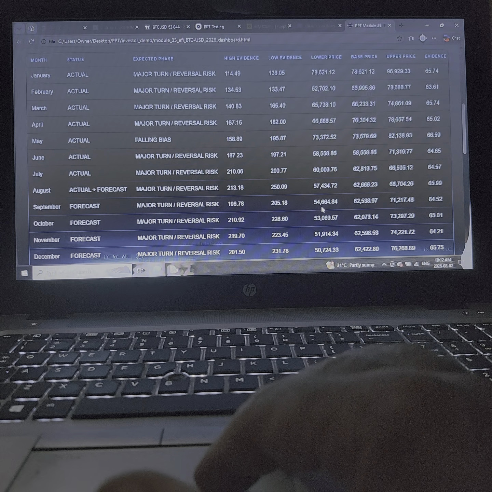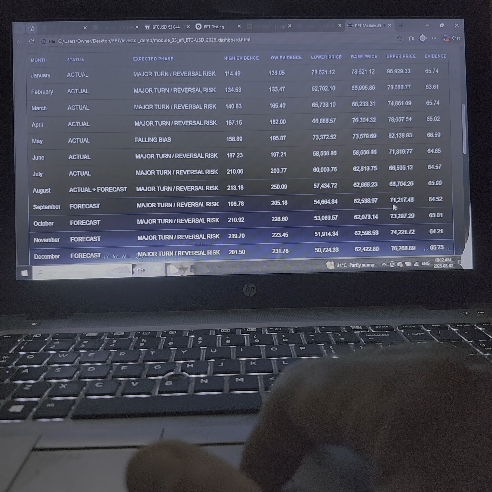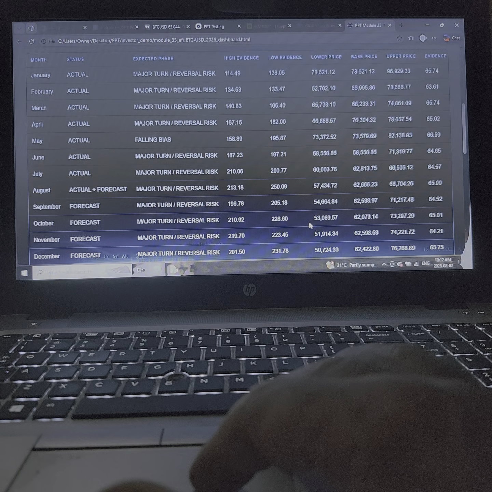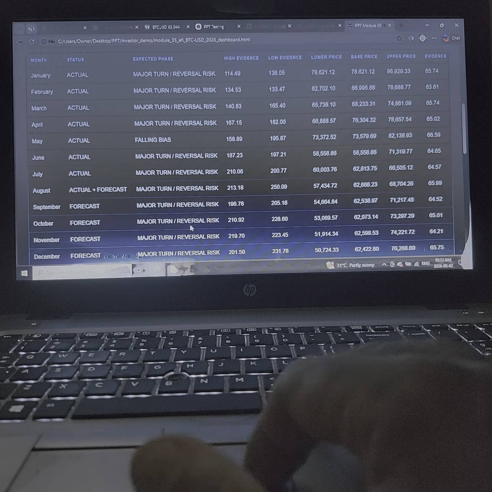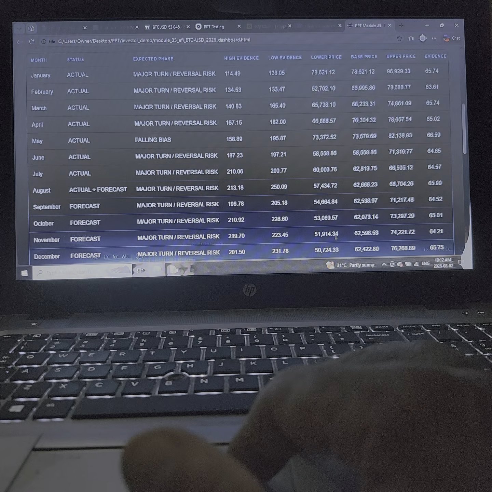September is 54,000 for a low, the median is 62, and the high end for that month could be as high as 71,000. Moving on to October, again, it's calling for 53,000, a 62 median and 73 high. And November, our target.